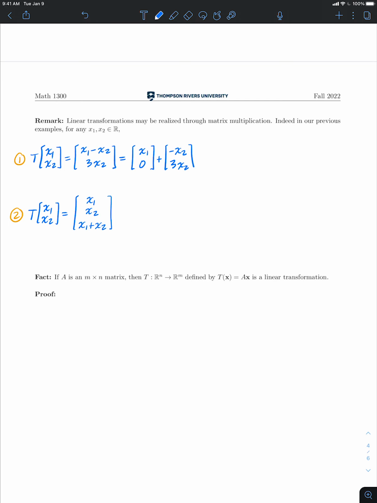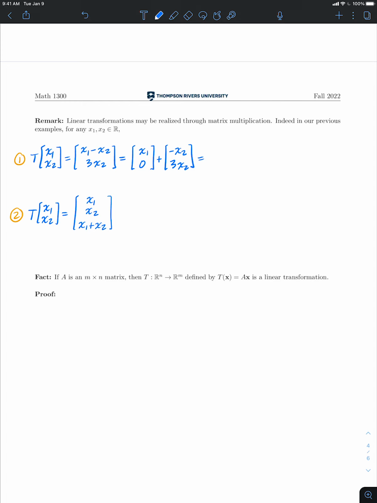This is kind of like when we write the general solution of a linear system in parametric vector form. I'm following that same approach, except instead of parameters, I've got, well, these technically are parameters, just the word is being used in a different context here, but I'm treating the variable unknowns as parameters. So now I split this up into the sum of two vectors, one of which has all the x1 stuff and the other has all the x2 terms.